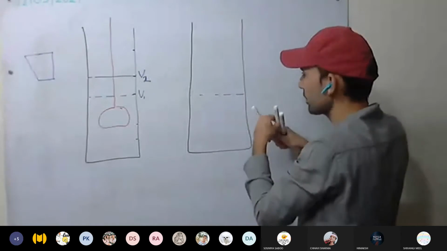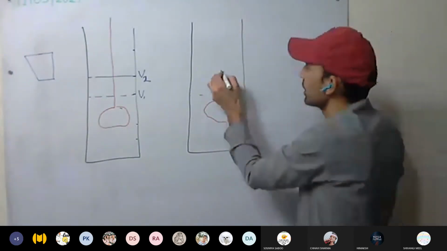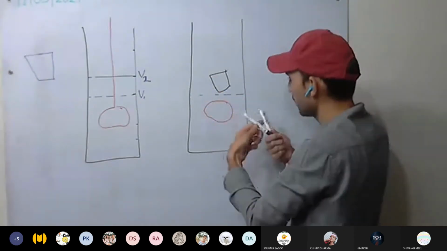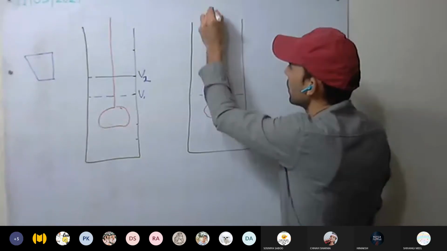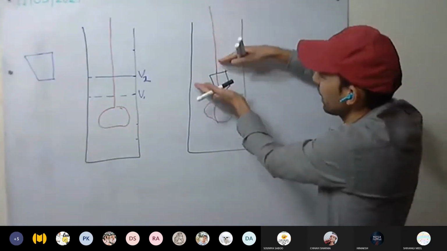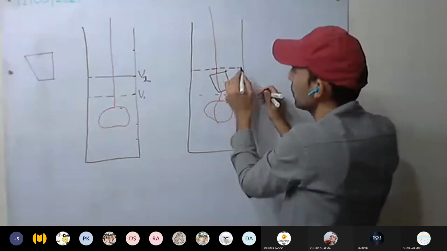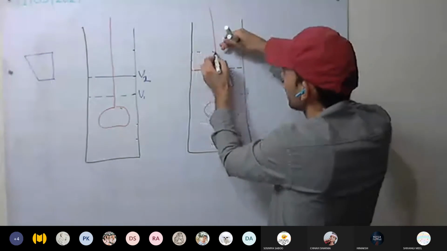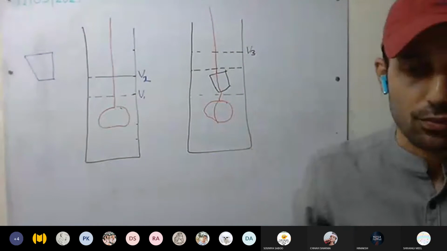This time, the stone we have, and here the cork we have, which is lighter than water, and both are tied with string. As you dip them inside, the water level is rising. As the stone is completely dipped, it comes to V2. Now as the cork starts to dip, it comes to, for example, here. This is V3.